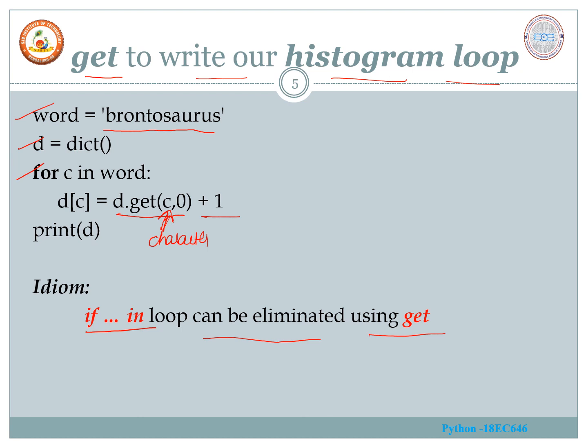So you have an argument in the get method, and if I provide the respective character along with the default value, the value of the respective character will be obtained, and every time the character count will be incremented by 1, and it is going to print the dictionary for all the characters in the given string word.